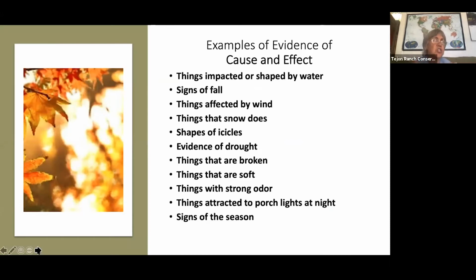Things that are impacted or shaped by water, signs of fall, things affected by the wind, or what snow does, so the shape of icicles, evidence of drought, things that are broken, things that have different textures that are soft or round or rough, things with strong odor, things attracted to porch lights at night, and signs of the season. There's tons more, but here's a list that you can start thinking about as you try and decide what you're going to study today.